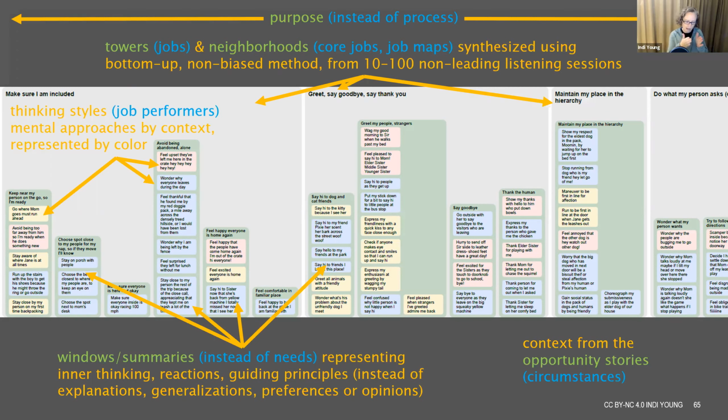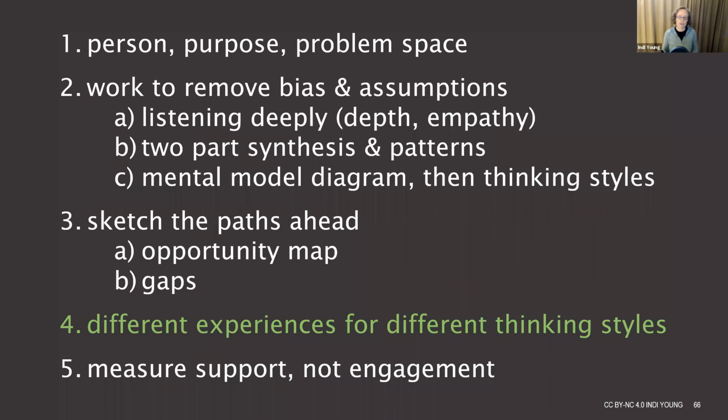So instead of using that user aperture, let's say purpose, instead of like process, right? Let's say the towers instead of people's jobs. And what's happening is we're just getting deeper data, just totally can swap this data in for what you would be normally looking for when you do jobs to be done, and go from there. It is very usable as a foundation for a lot of different situations.